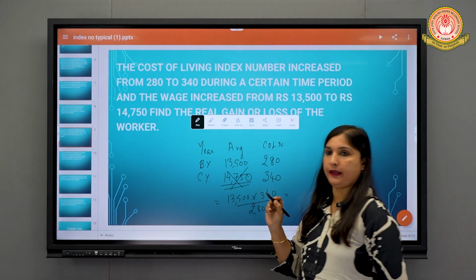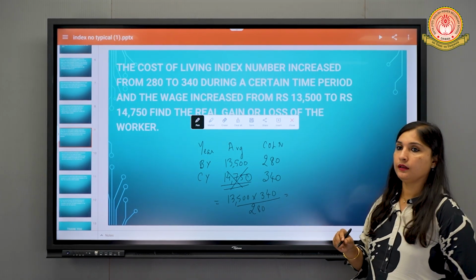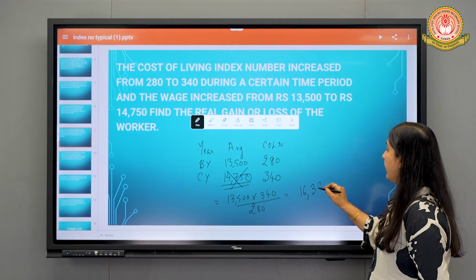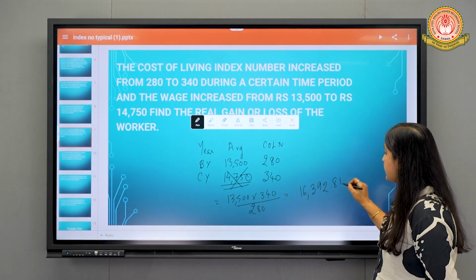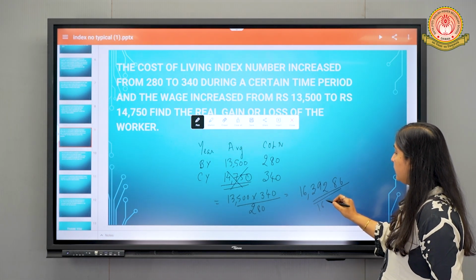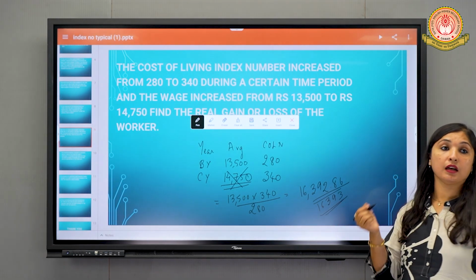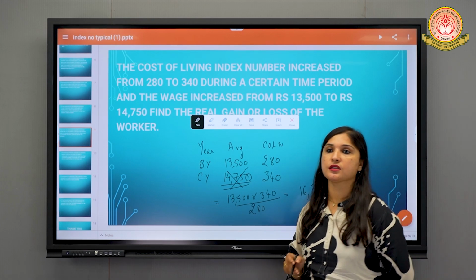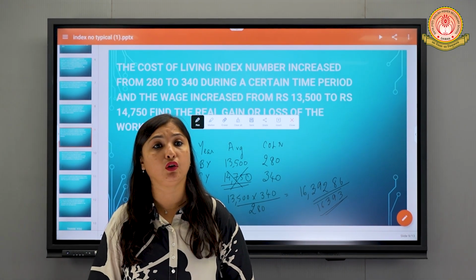Just do the cross multiplication, and the income he should get is 16,392.86. In short, he has to get 16,393 as his current year income, but the employer is offering him only 14,750 rupees.